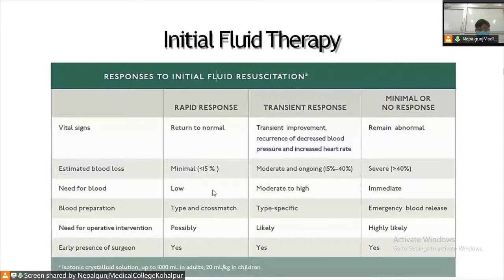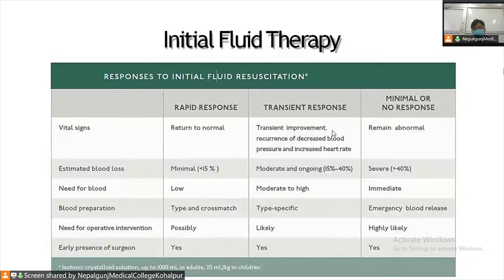If there is a rapid response, the vital signs return to normal, and the estimated blood loss is less, and the requirement of blood transfusion is less, but still type and cross match is done. As for the need of operation, it may possibly be needed, whereas the surgeon is always needed to be present at that incident.